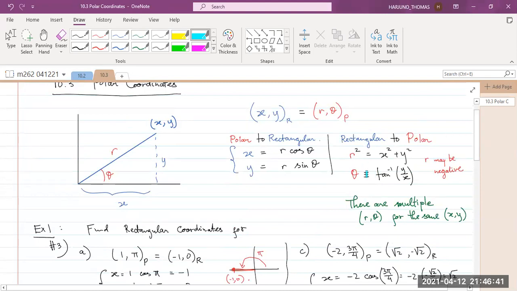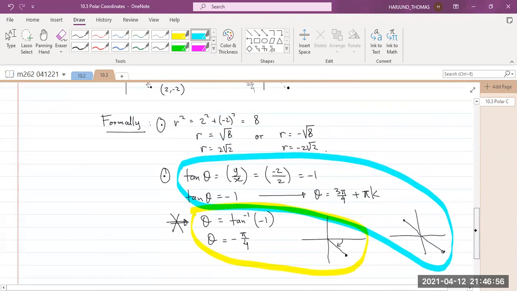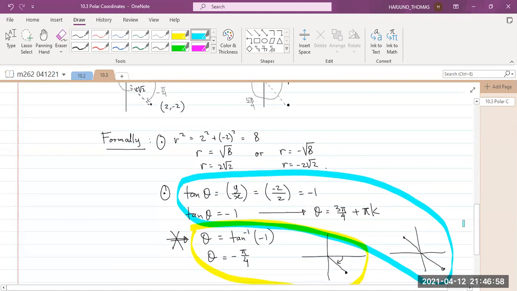That's why I say here it's equivalent. You need to adjust with the quadrant. It's not strictly equal to. So this is what will happen: tangent theta is equivalent to tangent inverse of negative 1, right?